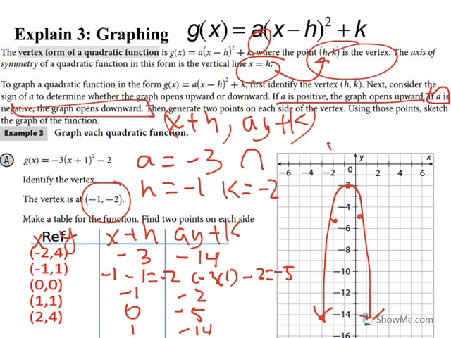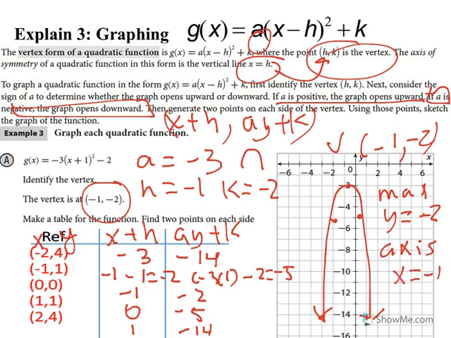So the vertex is -1, -2. So then our maximum y equals -2, and our axis of symmetry is x equals -1. So let me draw the axis of symmetry. Right, so here is our axis of symmetry.